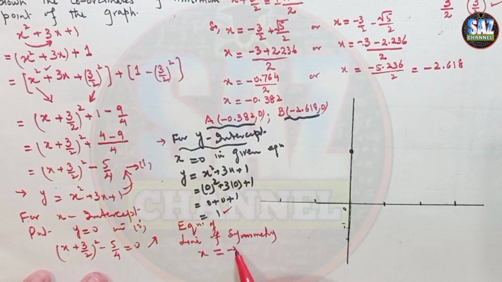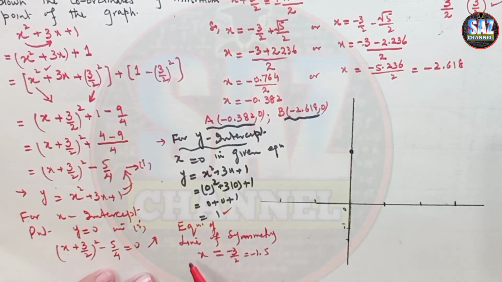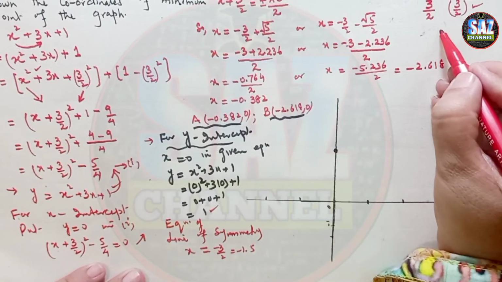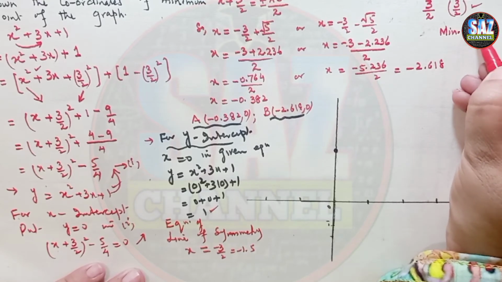This is minus 3 by 2 or minus 1.5, and the minimum point as well. So for the minimum point, let me move over here. This is the last point, the minimum point.